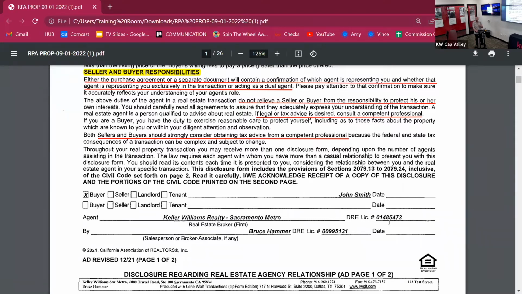You can even look yourselves up. So this is the brokerage number. This is my number. Now, one way that you can tell if you're not sure, one way you can tell if there's dual agency, if this number is exactly the same for the buyer's agent and the seller's agent.